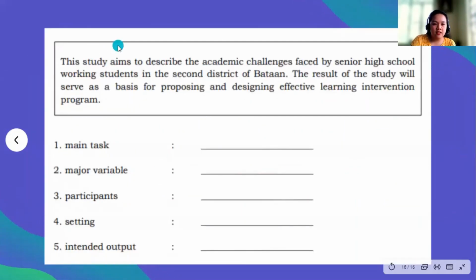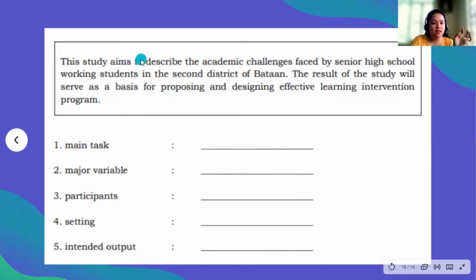So, let us see this example. "This study aims to describe the academic challenges faced by senior high school working students in the 2nd District of Bataan. The result of the study will serve as a basis for proposing and designing effective learning intervention program." So what is the main task here? The main task here is to describe.